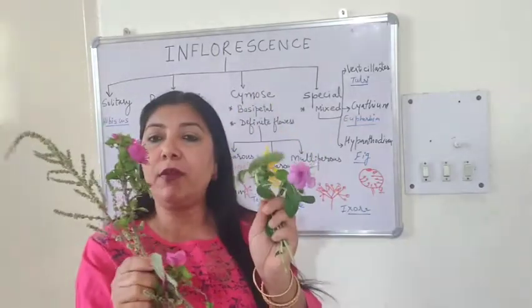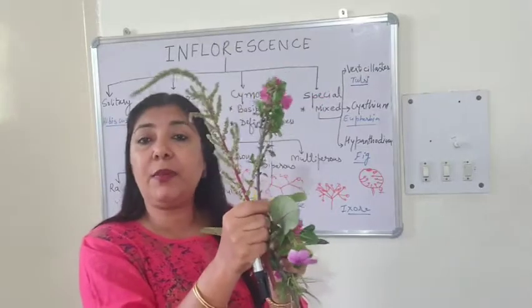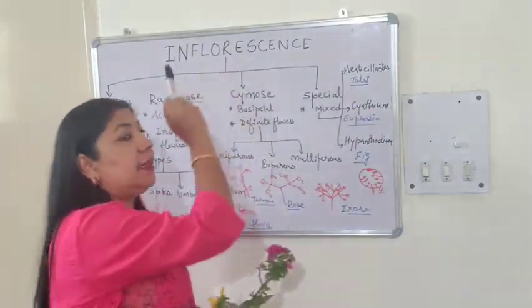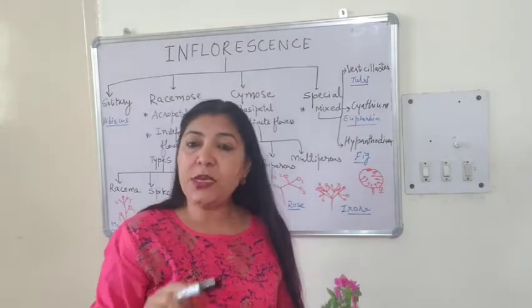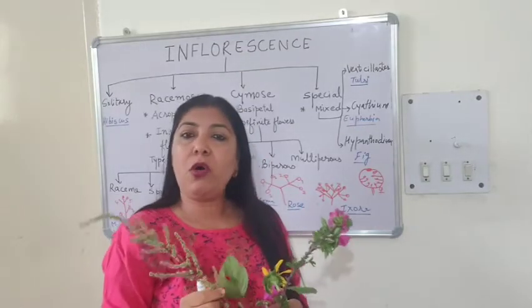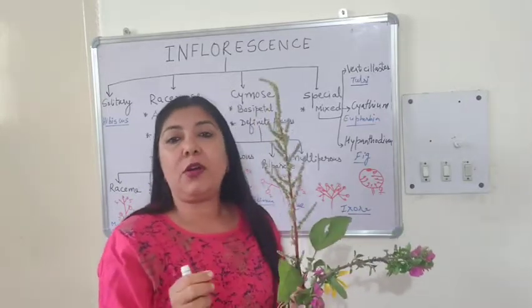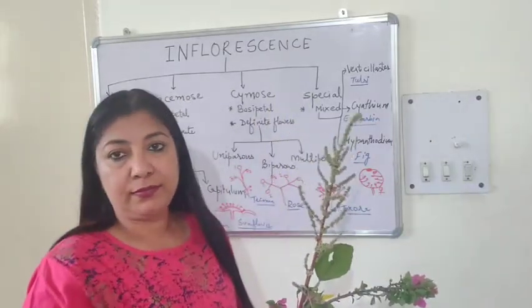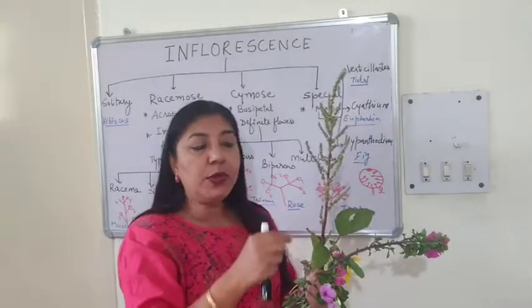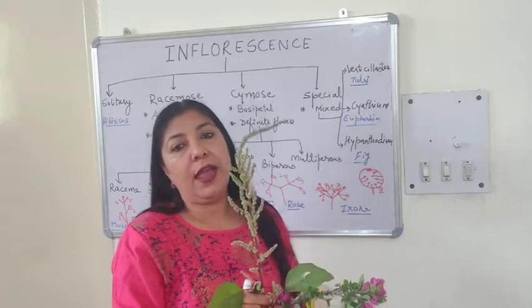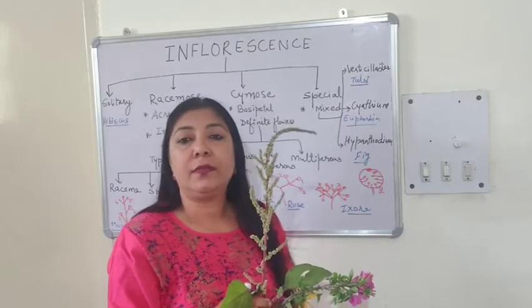All of these flowers are arranged in a particular way. So inflorescence means arrangement of flowers on the floral axis. The floral axis is called the peduncle. So the arrangement of flowers on the peduncle is called inflorescence.